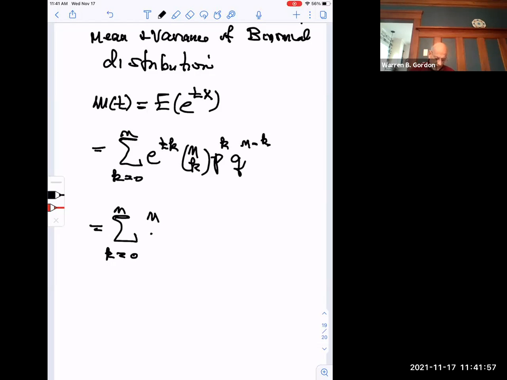I'll put the n choose k here, then p e to the t, to the k, q to the n minus k. So I've just rewritten this expression.